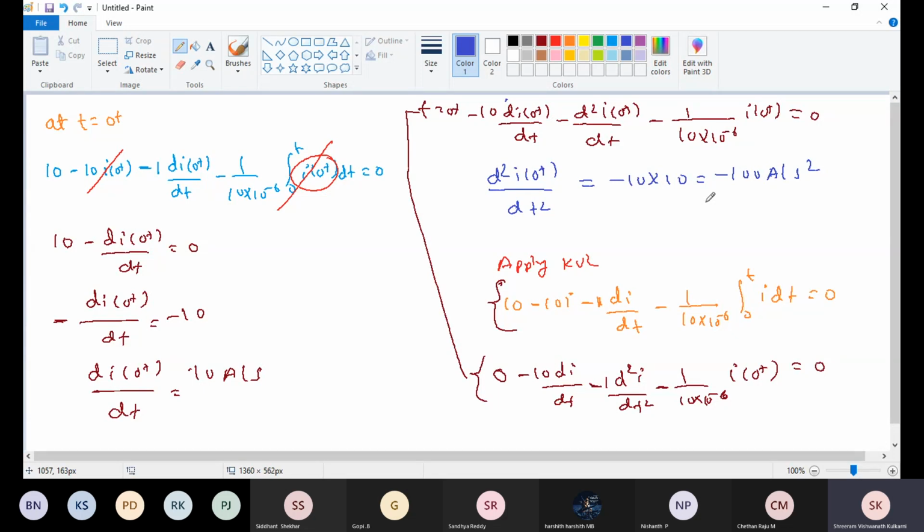Then apply KVL, find di/dt, then differentiate that KVL equation and we get d²i/dt². In the question they ask to find i, di/dt, d²i/dt² at t equals 0+. Okay, now one more problem.